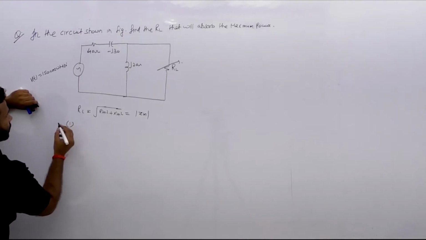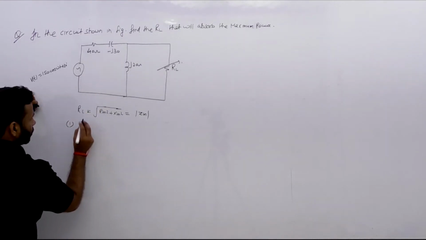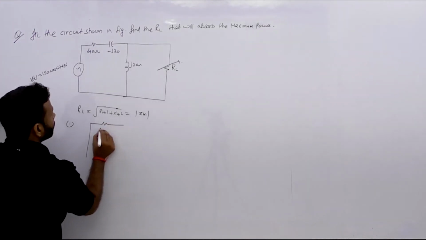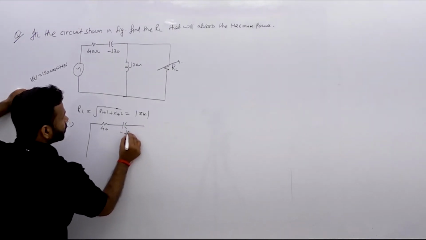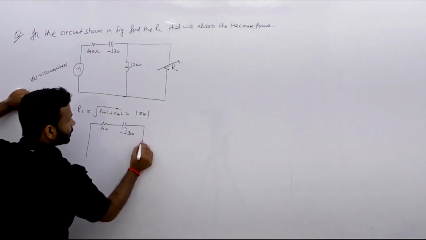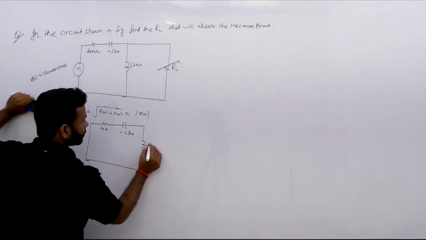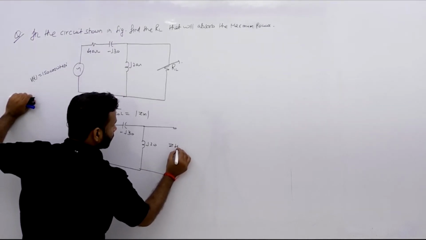So how will we find the ZTH? For the ZTH, the voltage source should be shorted, and you just remove the load resistance. So draw the diagram. Short, then it is 40 ohm, then a capacitor of minus j30. Then we have an inductor of j20. And this is your ZTH point.